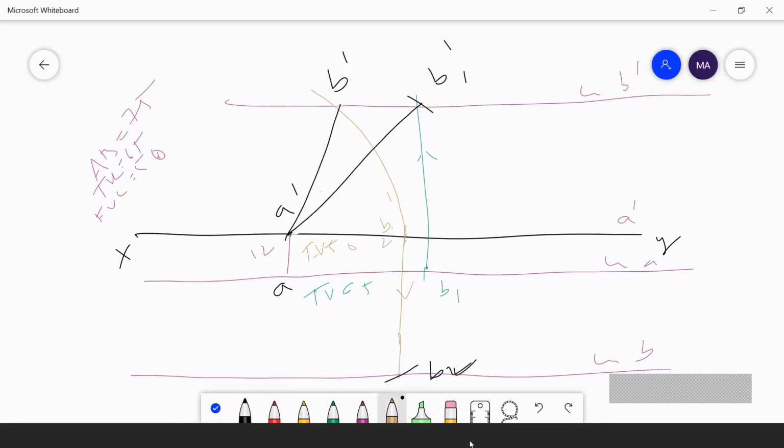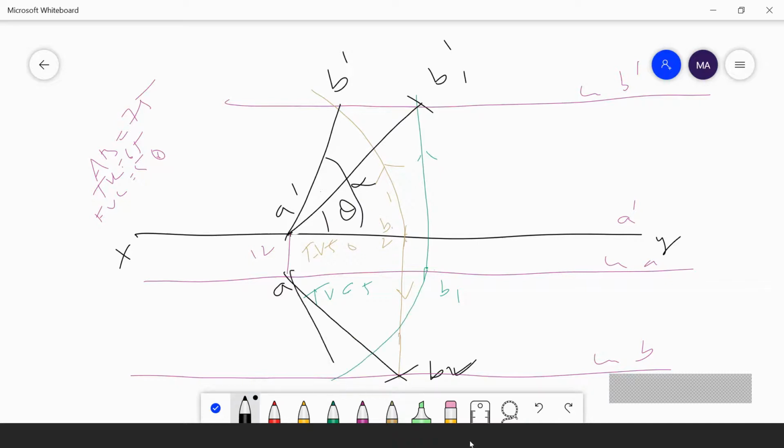I have drawn an arc in this direction. So this inclination is theta, and this inclination is alpha. Similarly, I will join this one. Then I will take A B1 as a radius, A as a center, and I have drawn another arc.